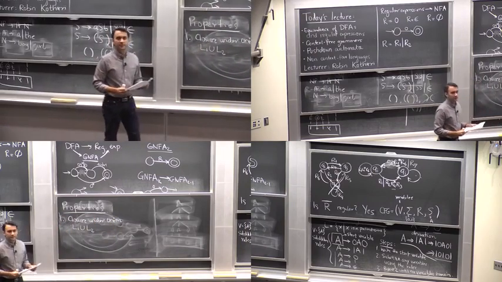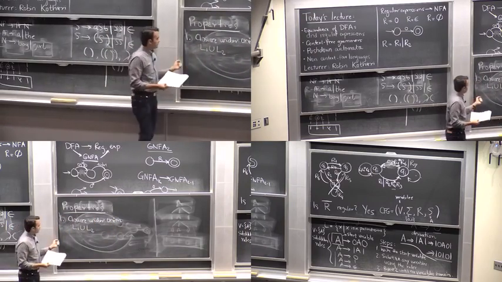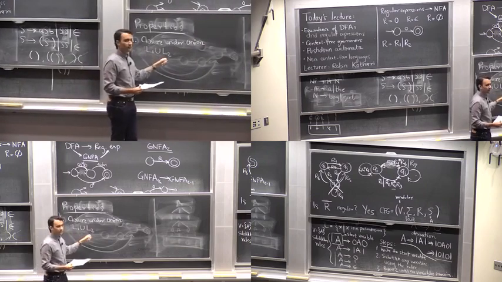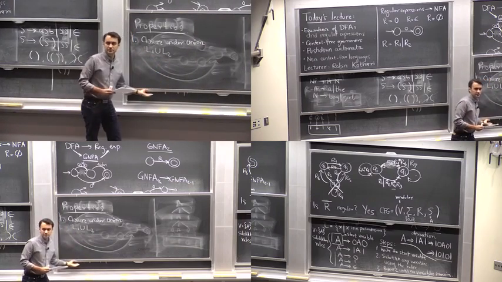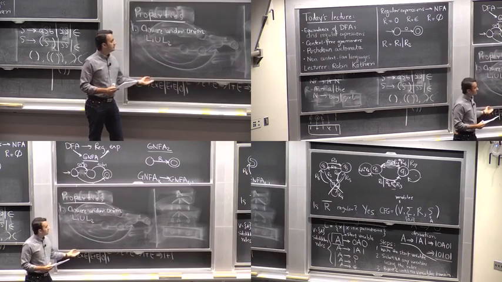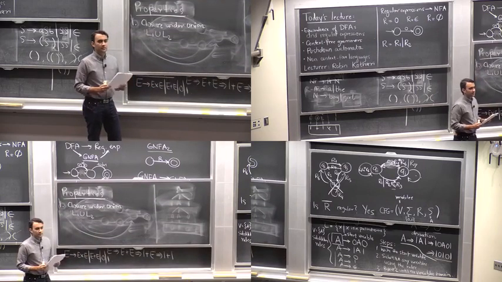Any guesses or thoughts on this? Do you think the set of all strings that are in either L1 or L2 is a context-free language? Yes, no, I see some.